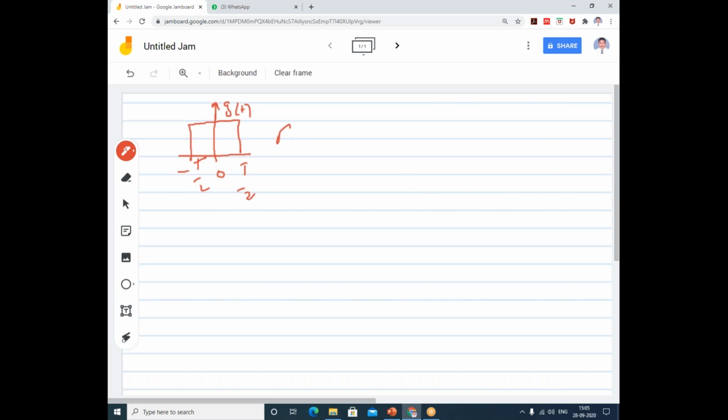This you can write as rect of t/T, and the Fourier transform for this you can write as A T sinc fT.